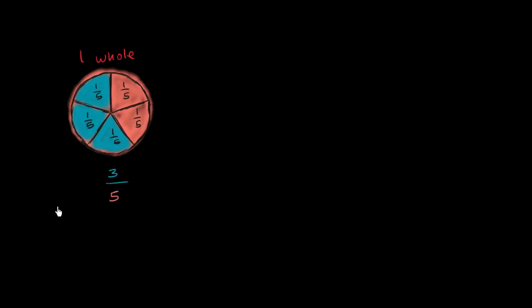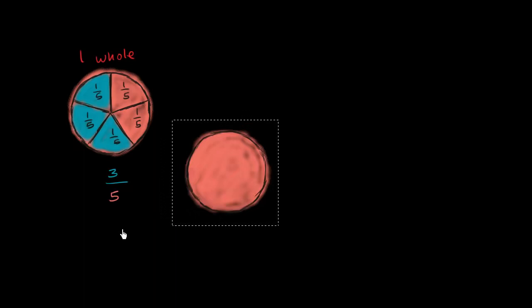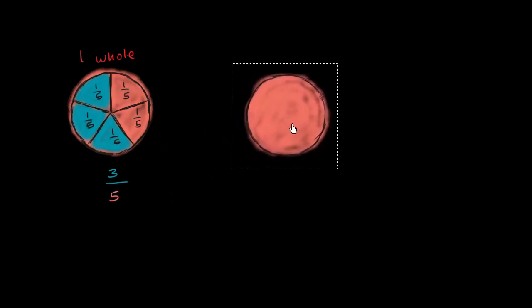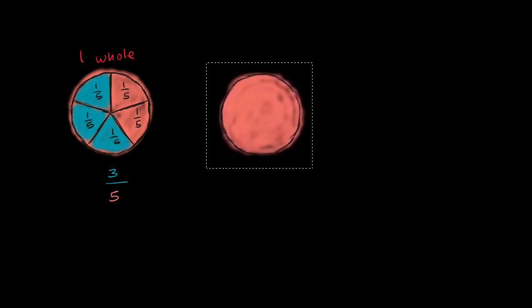Now let's do something in some ways a little bit simpler, but also in some ways kind of interesting. Let's start with a whole again. So once again, this is one whole. Let me label it one whole. And instead of dividing it into 5 equal sections, I'm just going to divide it into 1 equal section.